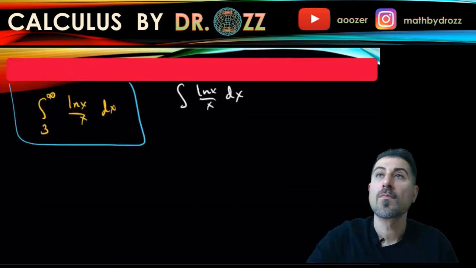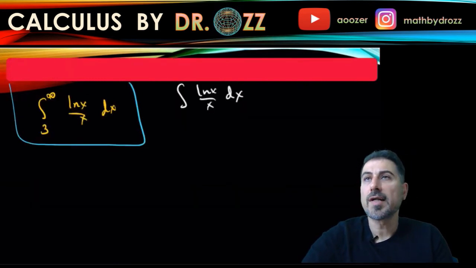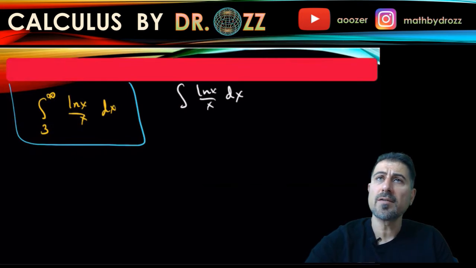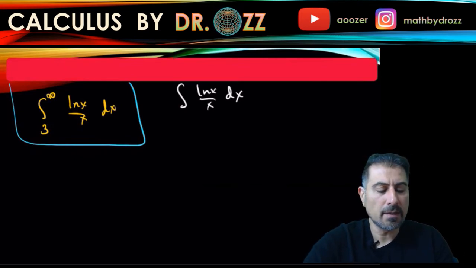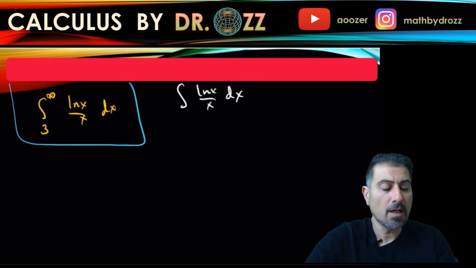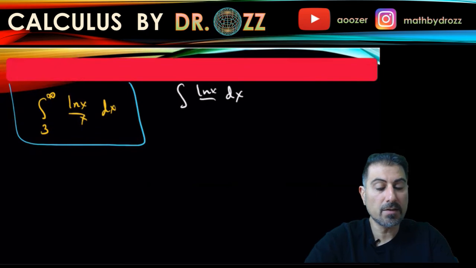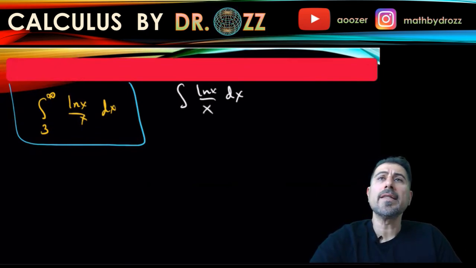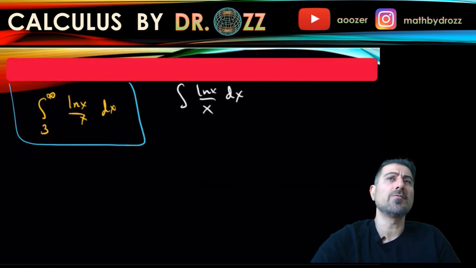Now I'm checking the integral from 3 to infinity of ln x over x dx. As always, I don't need to worry about the limits at this moment. This is an improper integral, obviously. So why don't we just look at the indefinite integral without the limits? Again, this relies on our integration skills. ln x has a derivative of 1 over x, and 1 over x is already there.